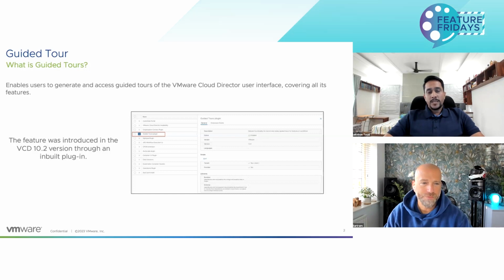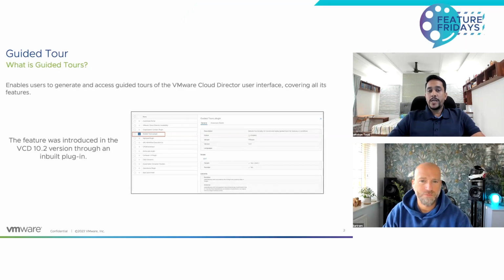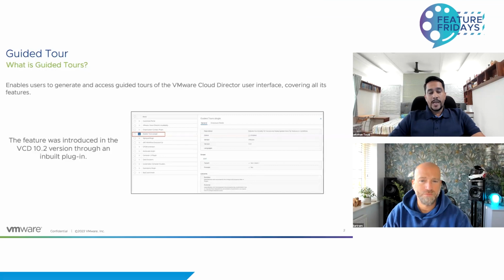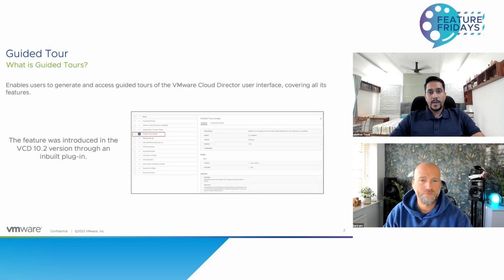Okay. So this feature comes with a pre-built plugin called Guided Tour. It is shipped along with VCD. By default, it is not published to any tenant. By default, only a system administrator can see the Guided Tour plugin, create and record tours. You can think of tours as demos, and then publish them to the tenants.